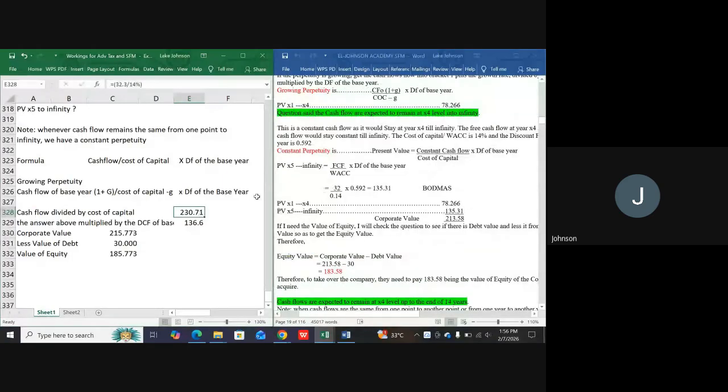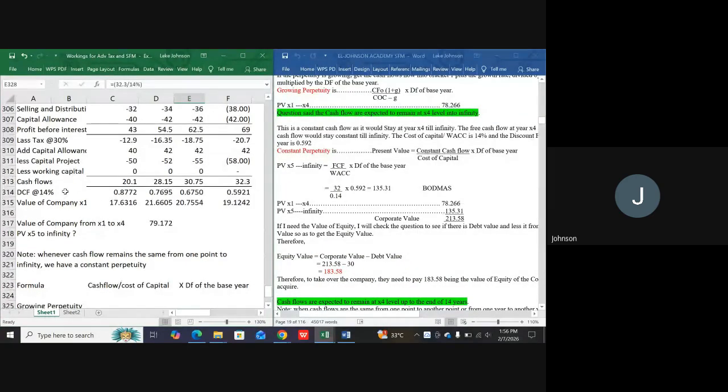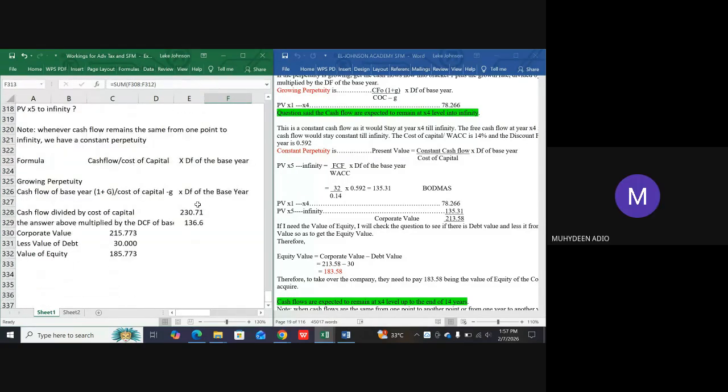That's why you have 230,000.71. So we went to check for the discount factor of the base year. They say the cash flow of the base year is going to remain constant from year 4 to infinity. So this 32.3 that we took is what we now divided by the cost of capital that was given in the question.